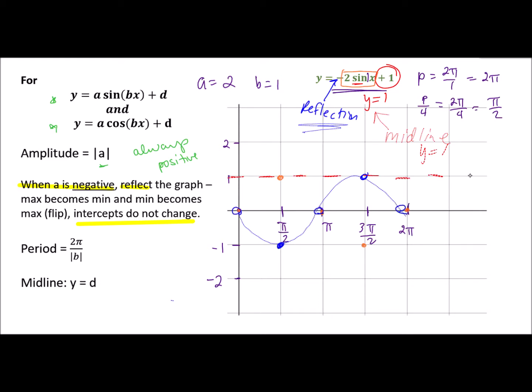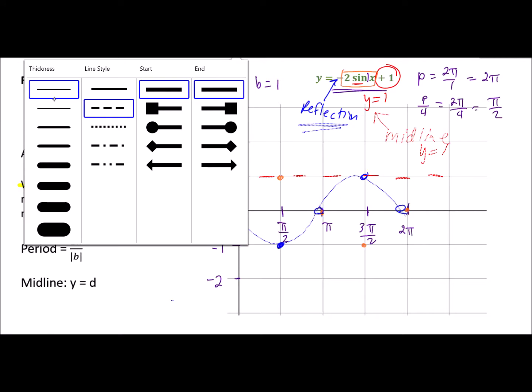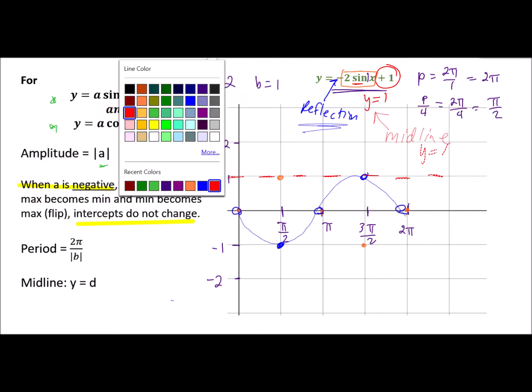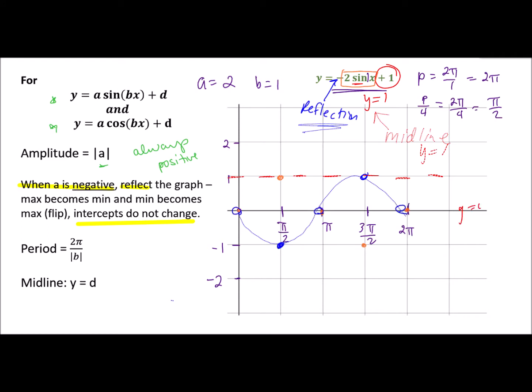And then it's just a matter of moving your points. Okay, this is usually the midline. Now it's up here at 1, so my intercept here is actually going to go up here. And then there's also one at the end and one in the middle. So we've got 3 of our 5 key points already plotted there.